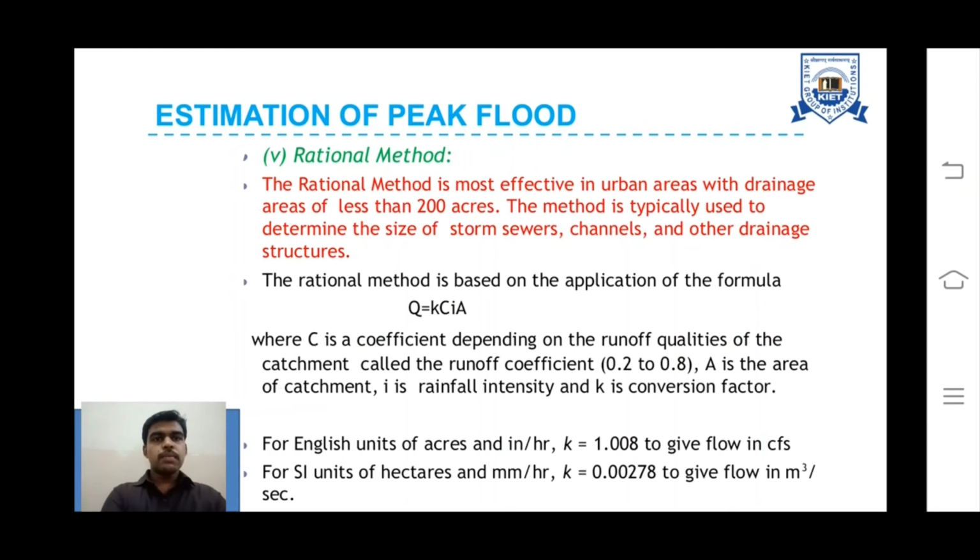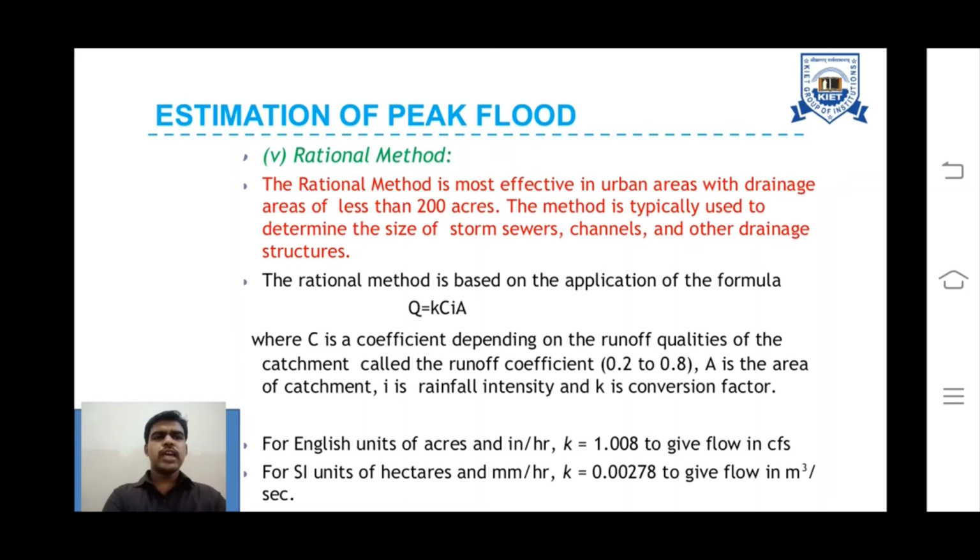Here comes another method, that is the rational method. This rational method is most effective in urban areas with drainage areas of less than 200 acres. The method is typically used to determine the size of storm sewers, channels and other drainage structures. The rational method is based on the formula Q equal to KCIA, where C is the coefficient depending on the runoff qualities of the catchment, called the runoff coefficient, which ranges from 0.2 to 0.8, A is the area of the catchment, I is the rainfall intensity, and K is the conversion factor.